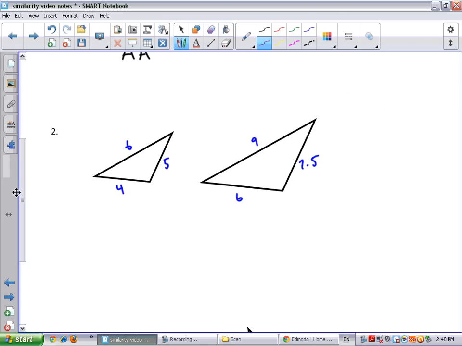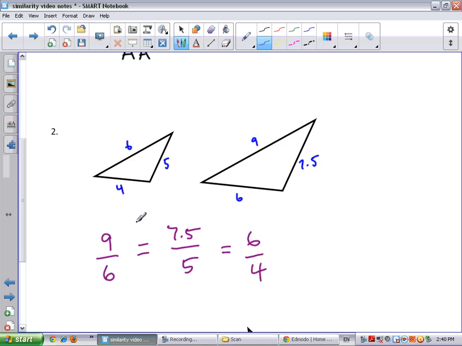If I look now at the second set of triangles, I can see that there's another minimum condition suggested here. If I look at these triangles and match up corresponding sides, I might be able to see that the 9 and the 6 match up, the 7.5 and the 5 match up, and the 6 and the 4 match up.